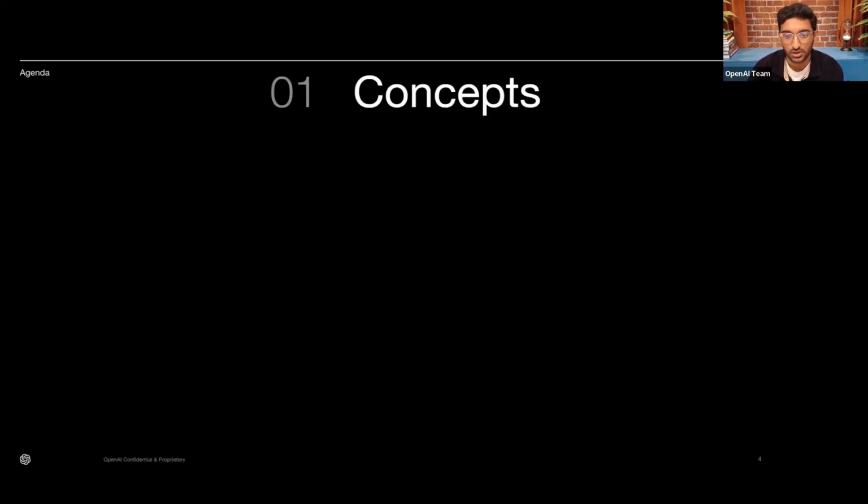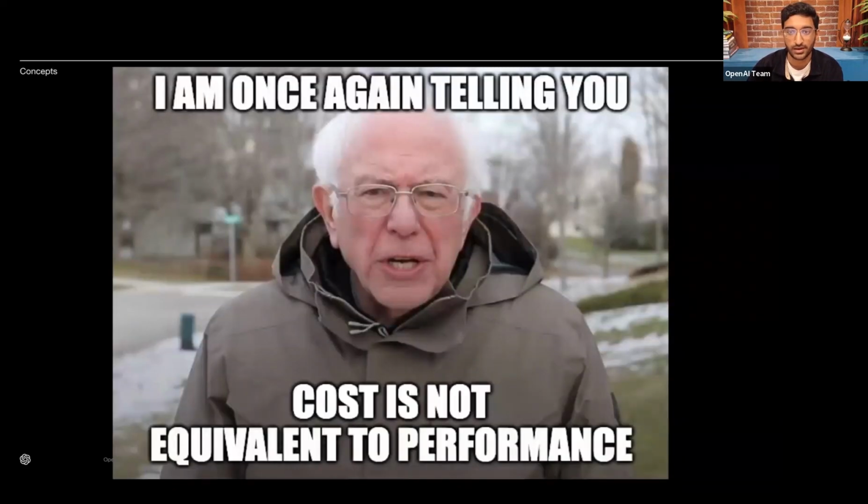Cool. So diving right into the concepts. A lot of folks who are using our platform today try to find the equilibrium between cost and performance. What that usually means is developers are trying to do many different things to find the balance between cost and performance, whether that is prompting, fine-tuning, or using different models at different points of the architecture.